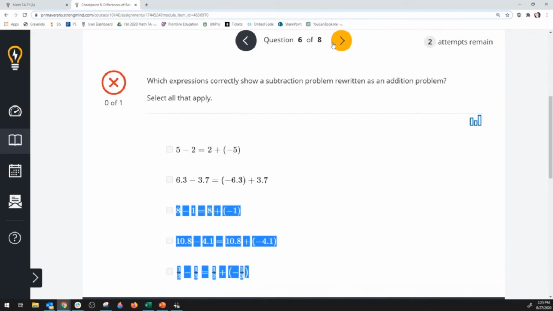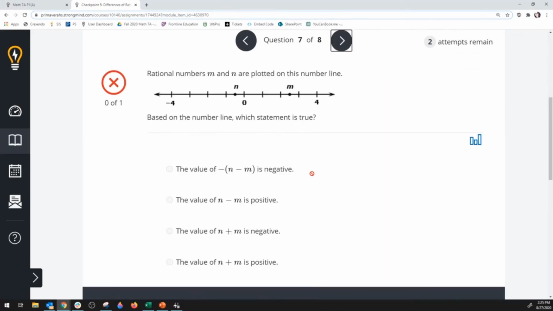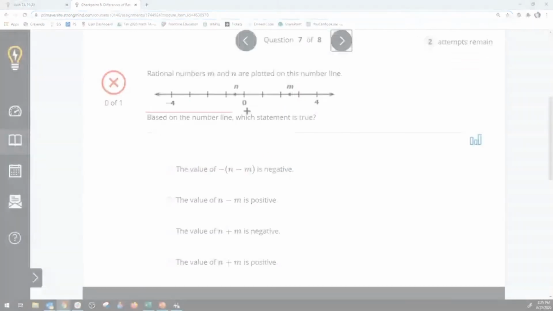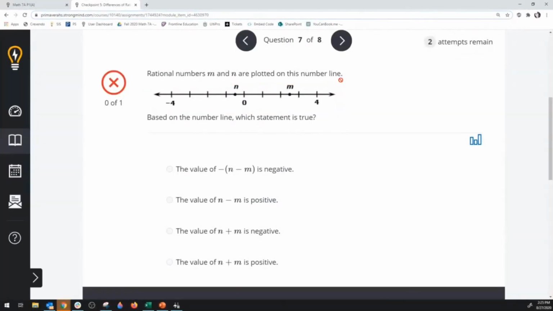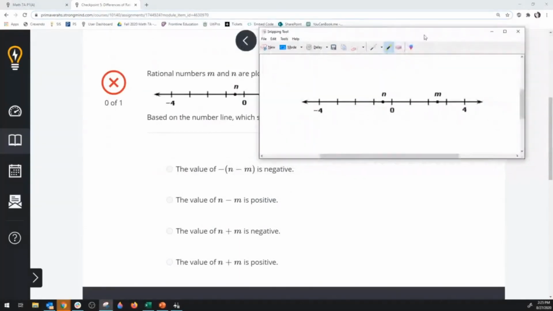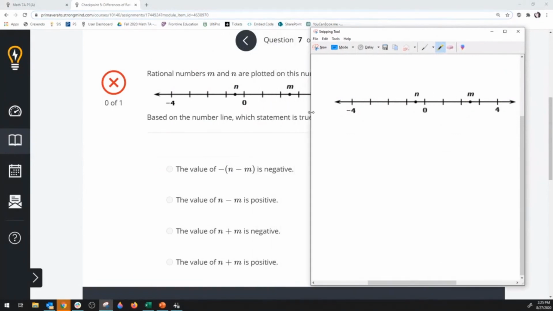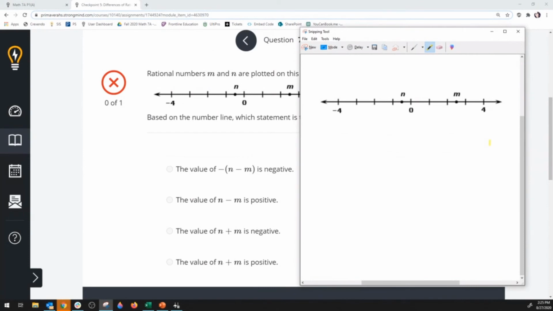All right, number 7. This one is a bit tricky. We have this number line here, and the easiest way to do this is to give those letters on our number line a number value. To do that, I just have to look and see where they are on my number line.